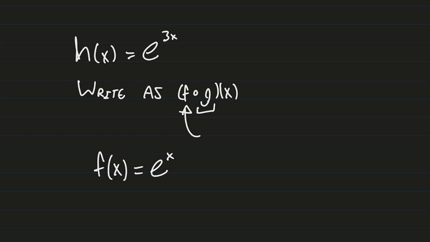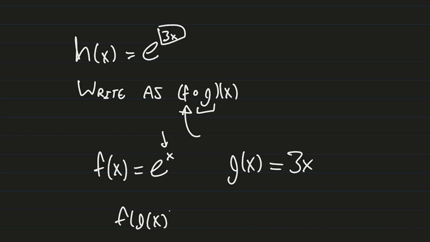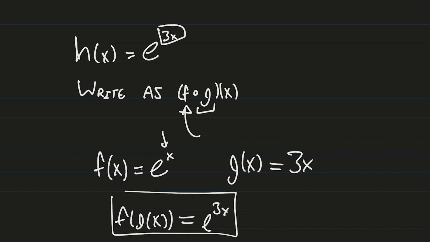Now, what could I make g of x so that in place of this x, you would have 3x? You could say g of x simply equals 3x. That's it. Because if you compose this backwards, f of g of x, you would get e, and in place of your x, you have g of x, 3x. If you can easily identify your inner and outer function, this whole process becomes a lot easier.